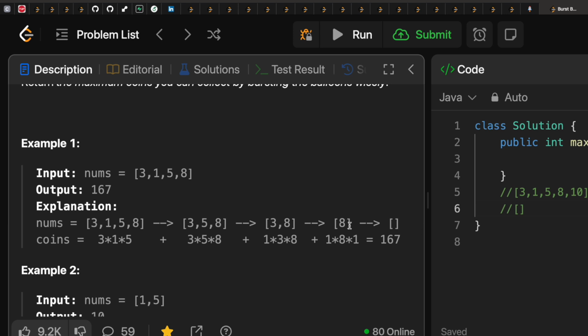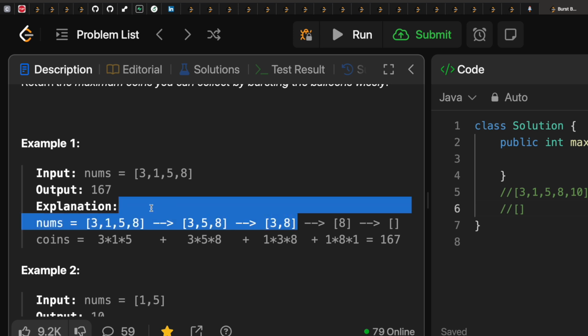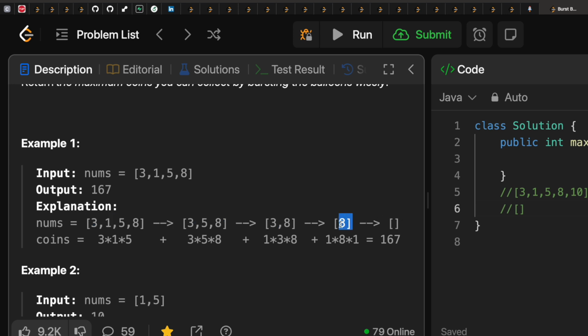So going backward, suppose we are deciding to burst this balloon at the last, so this balloon will be present for all the balloons before it. If we are bursting 8 at the last, it will be present in all the calls before it, because it will be present on the right of all the elements.